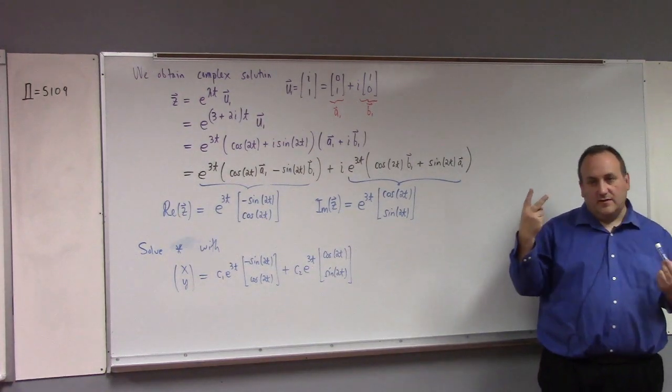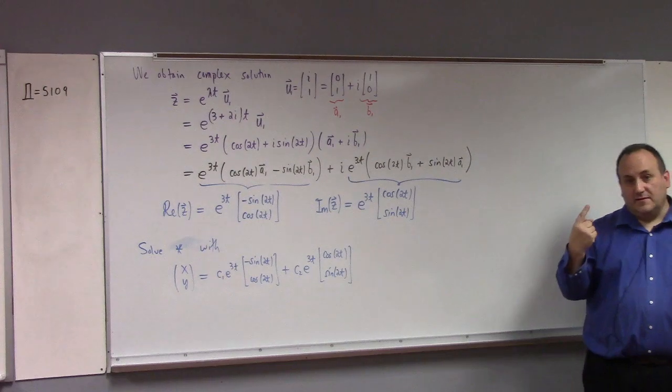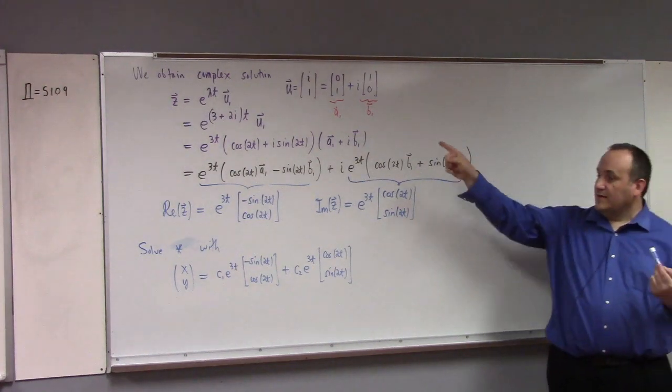In the complex case, on the other hand, you have to find one complex eigenvector, but then you end up using the real and imaginary parts.